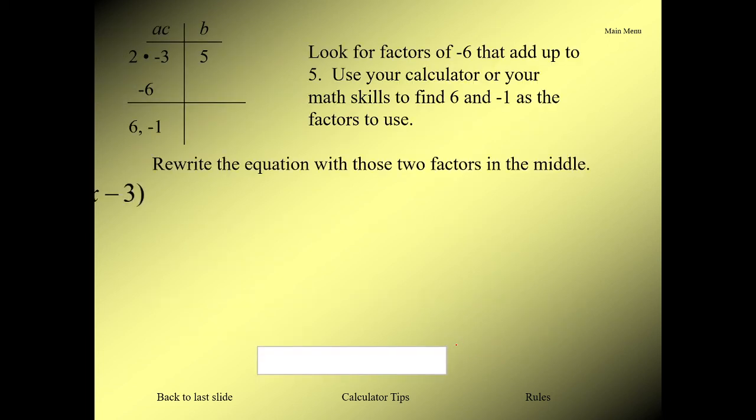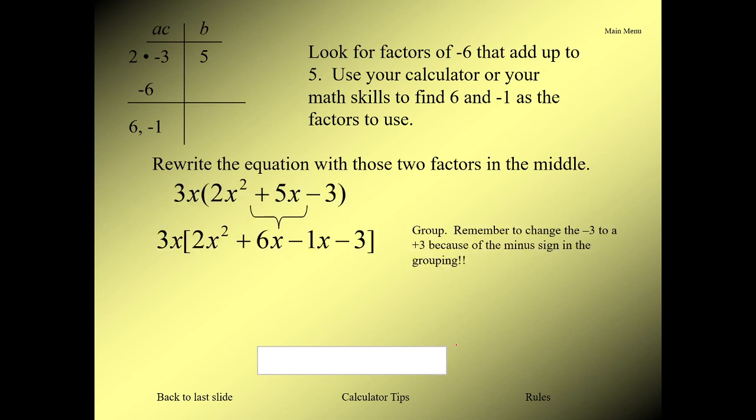So let's see. Okay, that's right. What we did earlier was correct. So remember to change the negative 3 to a plus 3. Why? Because of the minus sign in the grouping. So just like this, we have to group them.